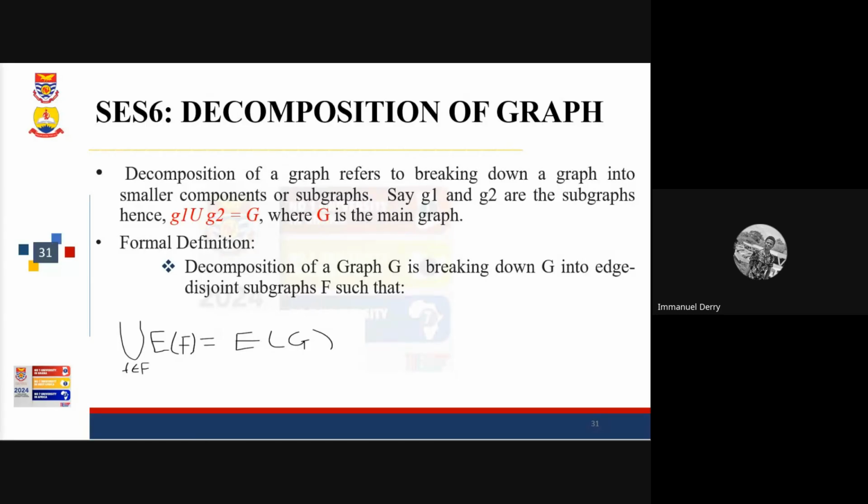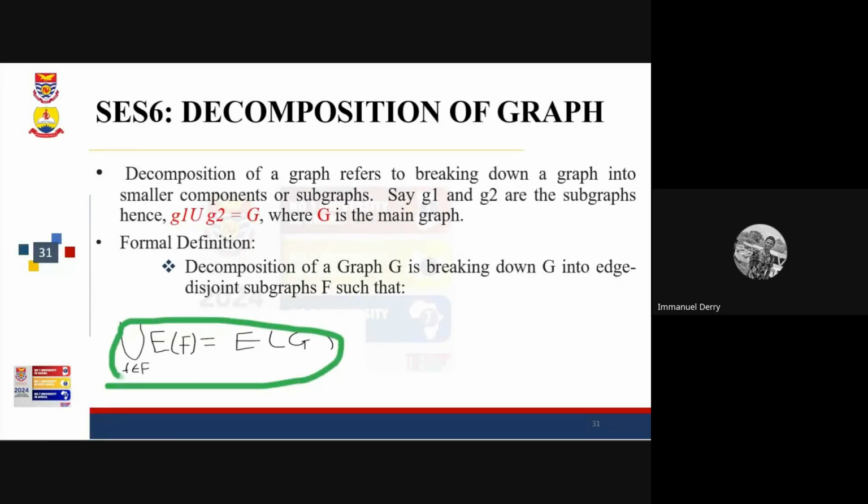Right, but then when it comes to graph, we say that G1 and G2 are the subgraphs if G1 union G2 is equal to G, where G is the main graph. So given the main graph, you can be asked to decompose that graph into sub components. So basically, graph decomposition is breaking down the graph into edge disjoint subgraphs such that this condition is true.